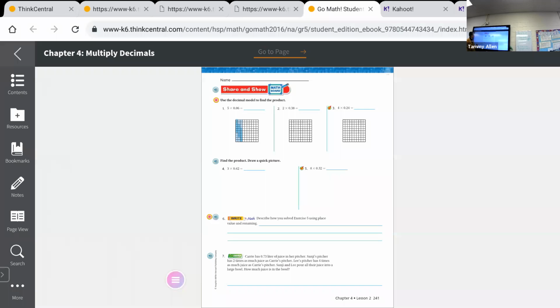Let's go up here to number 1 on this page, 241. 5 times 600. In 5 times 600, they've shaded in 5 different times 600, right? What is our total shaded in then? 300s?